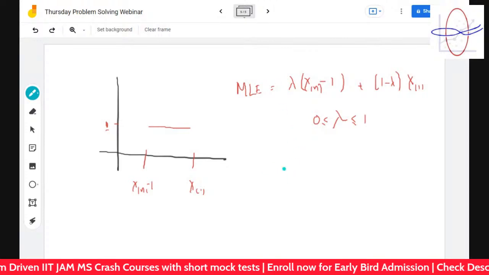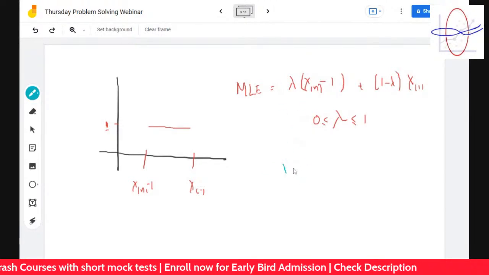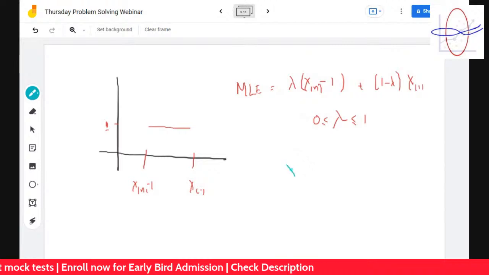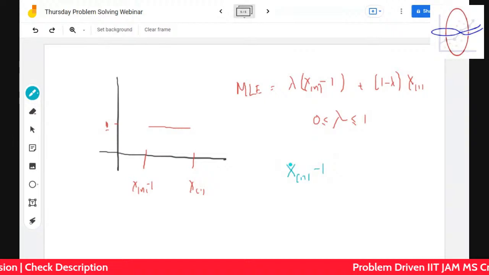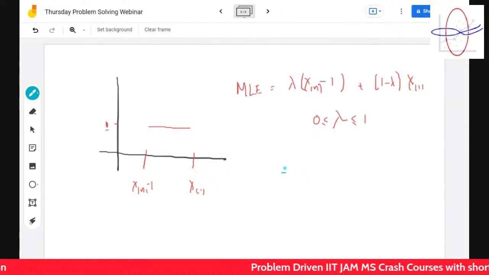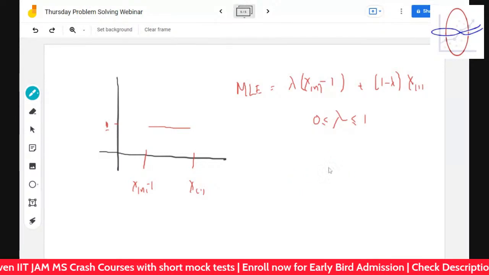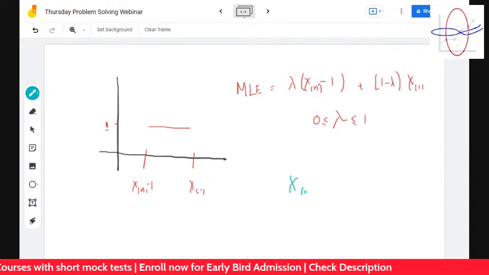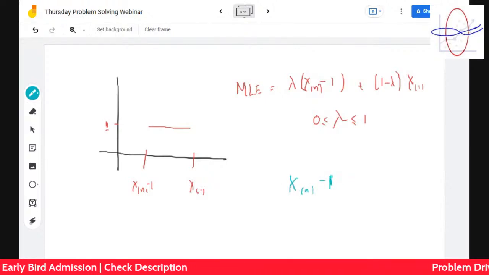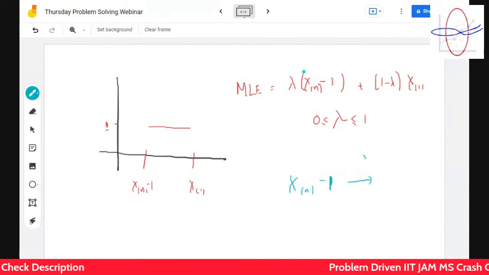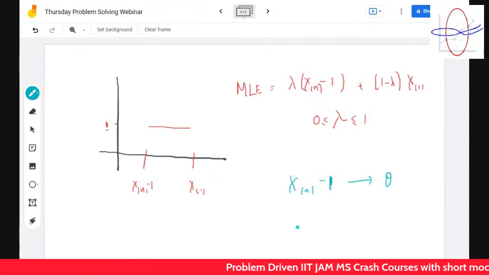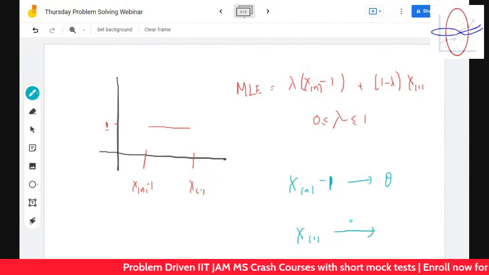Also you can understand that if you just write it in terms of this, lambda times Xn minus 1 converges to theta, and x1 also converges in probability to theta.